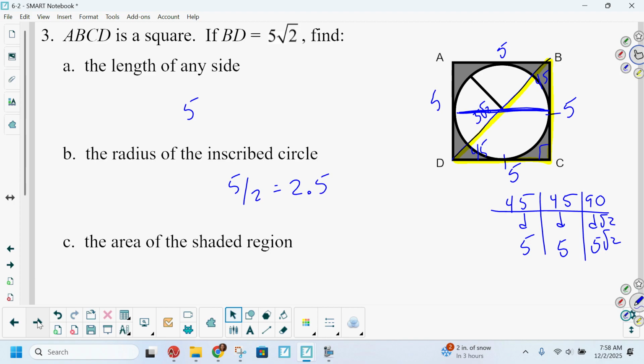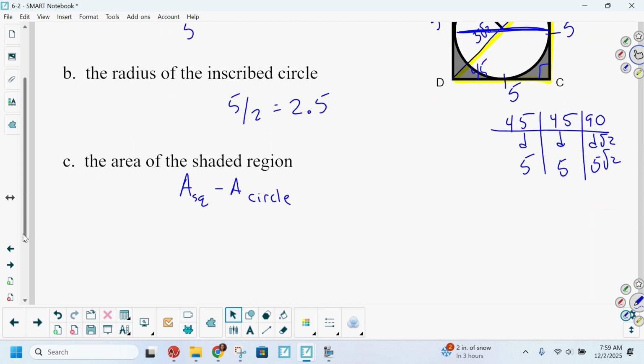Now they want me to find the area of the shaded region. So I'm going to do the area of the square minus the area of the circle. The square is side squared, or base times height, so that'd be 5 squared.